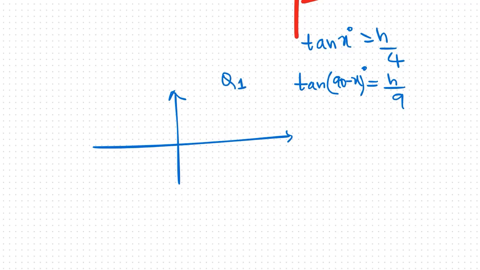So if I say there is an angle theta, and it lies in quadrant 1, if I add 90 degrees to this angle theta, it will shift to what quadrant? It will move like this, and reach Q2.